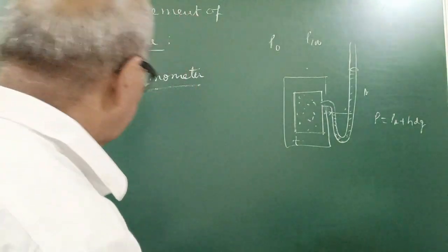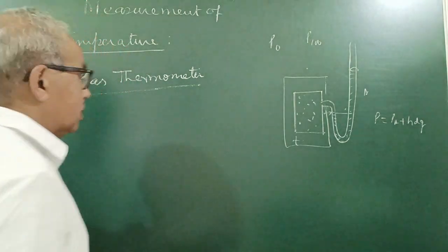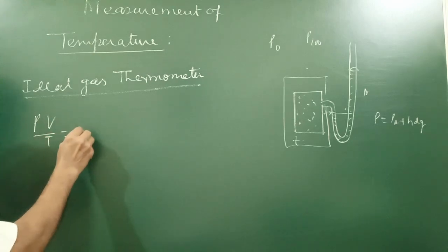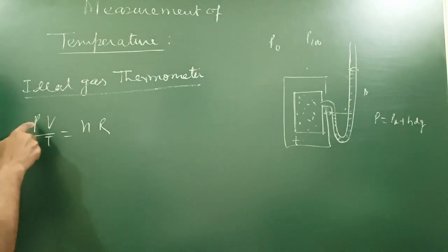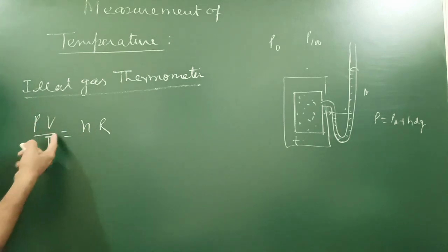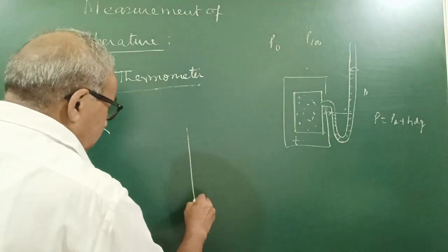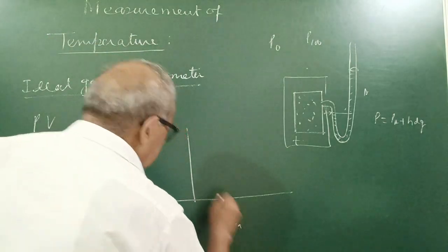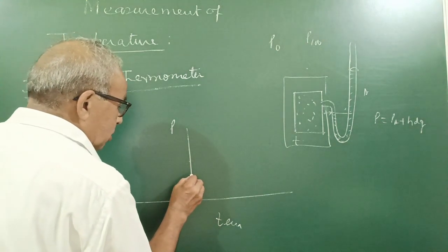Because every gas, as you have learned, follows the relation PV upon T equal to nR for a given number of moles, if we change pressure, volume changes, or if we change temperature, pressure and volume change, but the ratio remains constant. If we plot a graph between temperature and pressure for an ideal gas, the graph comes like this.